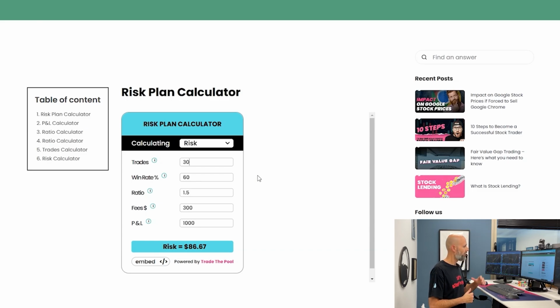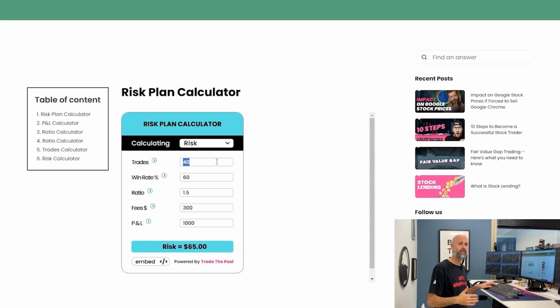Or I can increase the risk, for example, to 86 or a little bit less than that, because I know that at the end of the month, I will reach 40, for example. Right now, I'm doing 30. Let's say by the end of the month, I will probably do 40 and not 50 as I planned. So now I need to risk $65 and not 52 as before.